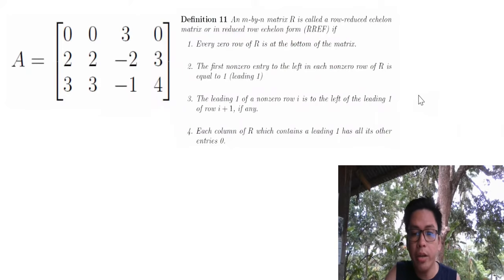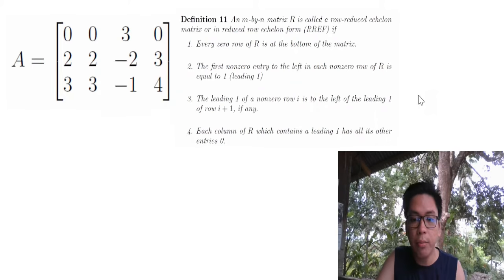Number three, the leading one of row i is to the left of the leading one of row i plus 1, if there is one. And number four, each column of R which contains a leading one has all its other entries 0.